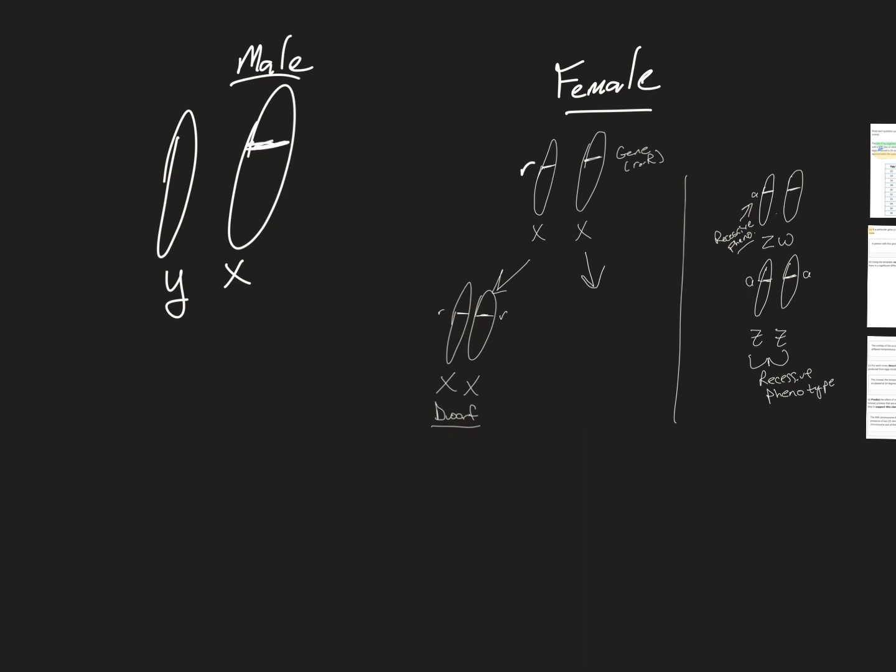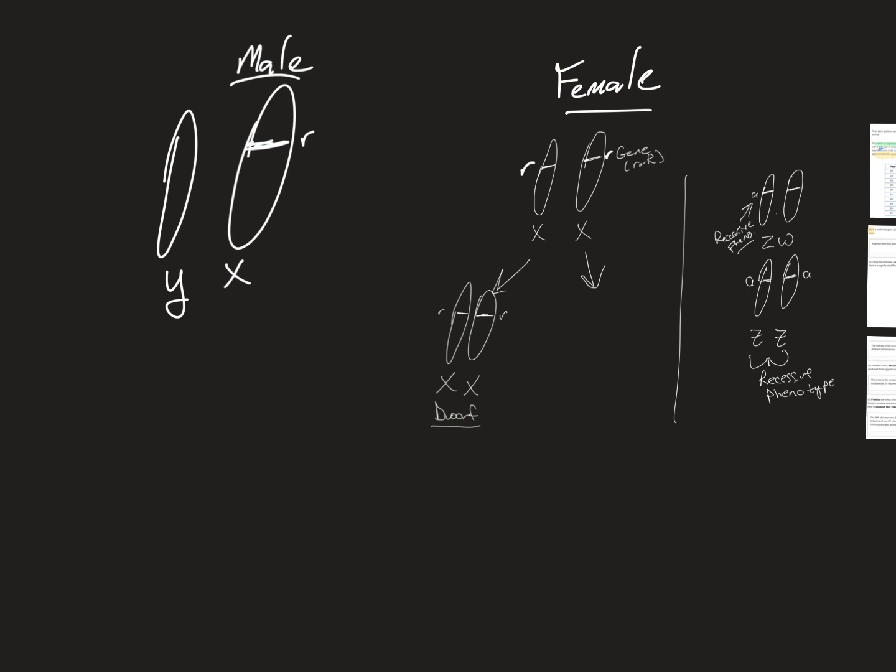So this has the R gene. If that male has a little r, then there's a good chance that will give the little r, then this person will definitely be a dwarf, because this mother, this parent, has two little r's, then this child's definitely going to have a little r.